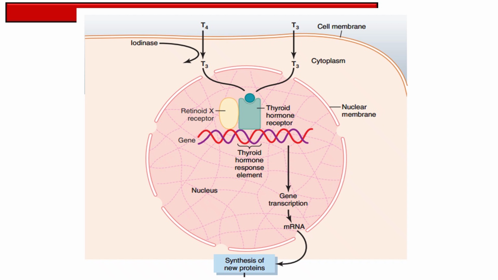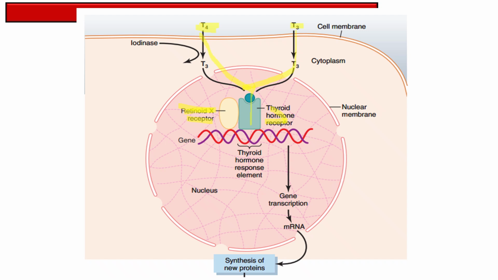T4 and T3 enter through the cell membrane into the cytoplasm, and inside the cell T4 is converted into T3 by the enzyme deiodinase, and T3 enters the nucleus and binds with the thyroid hormone receptor, which forms a complex with the retinoid X receptor, or RXR.